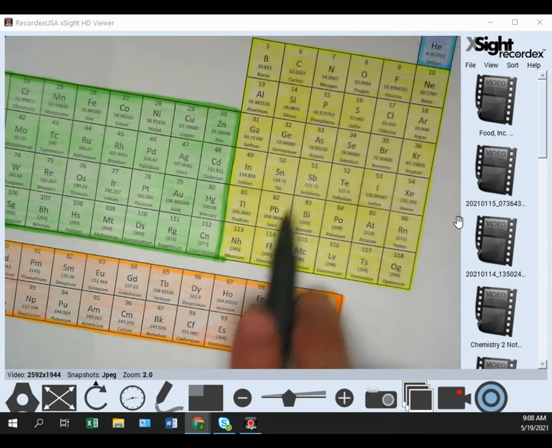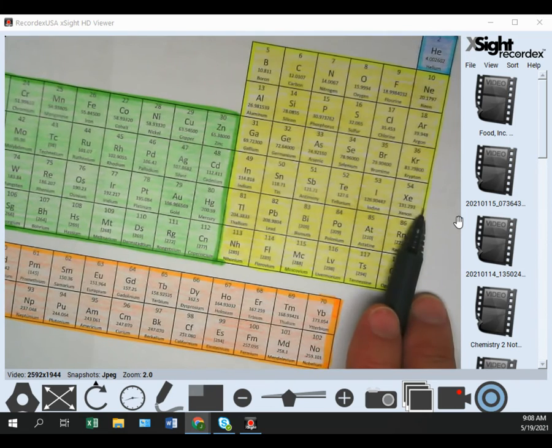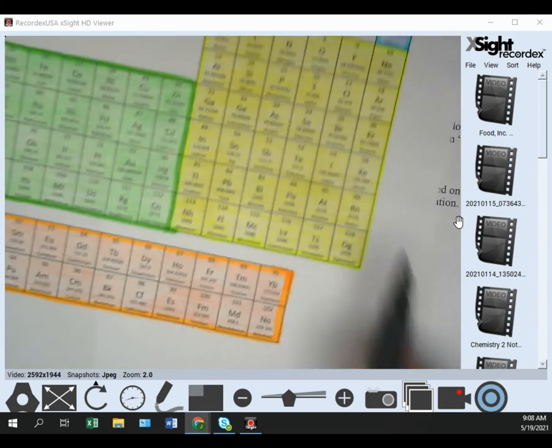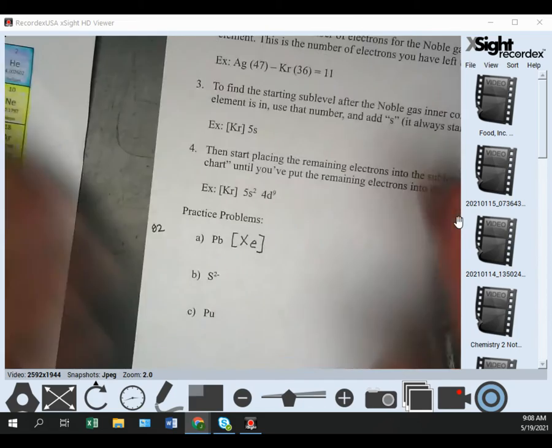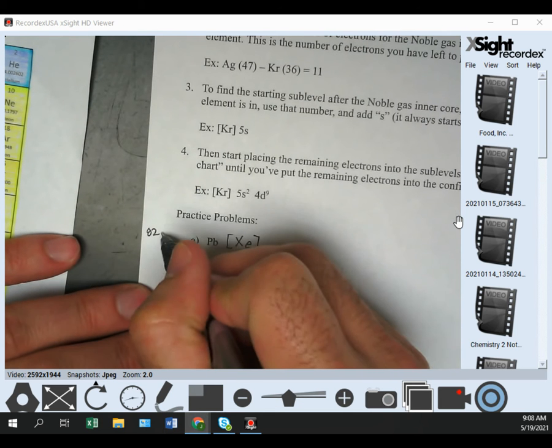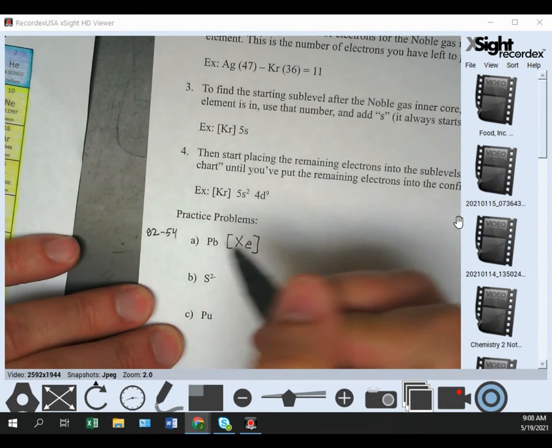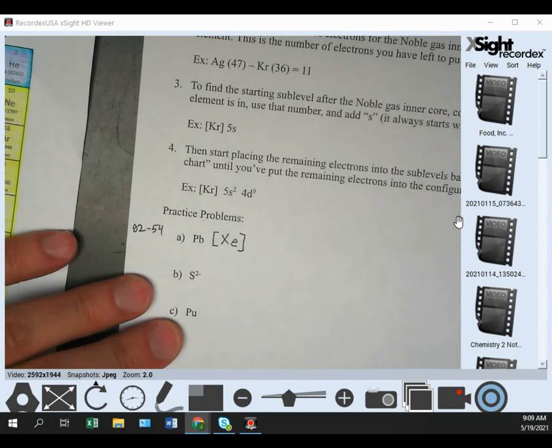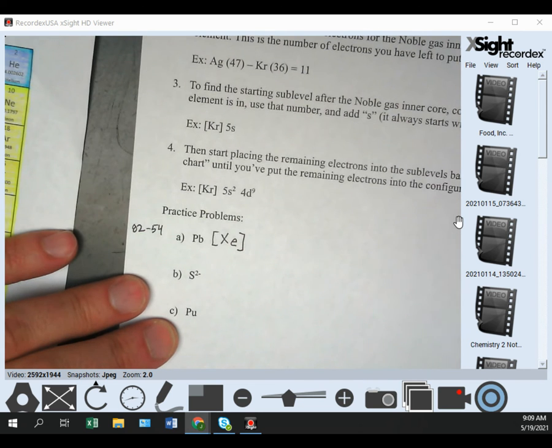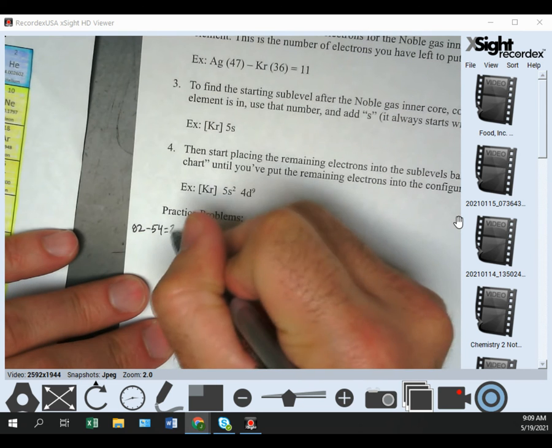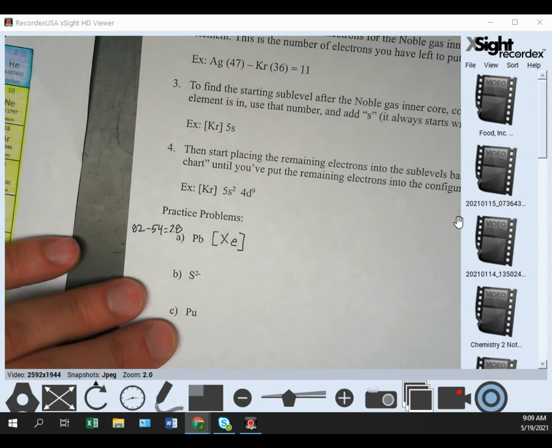We start at Pb, we go up one row all the way to the right. So Xe is in brackets. How many electrons does Xe have? 54. So we're going to take 82 minus 54 to figure out how many electrons we have left to put in. So we have 28 electrons left to put into sublevels because the Xe is standing for 54 electrons.